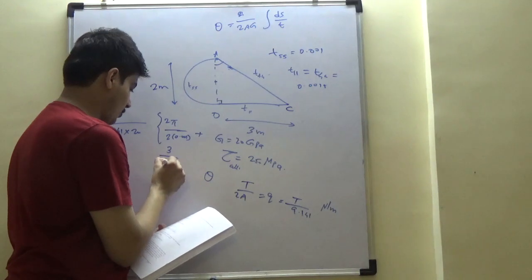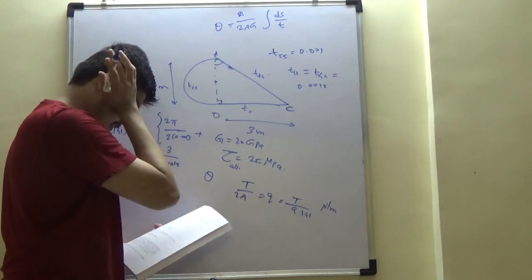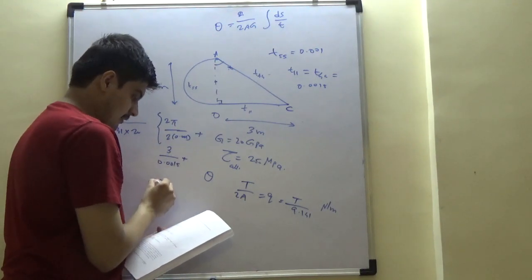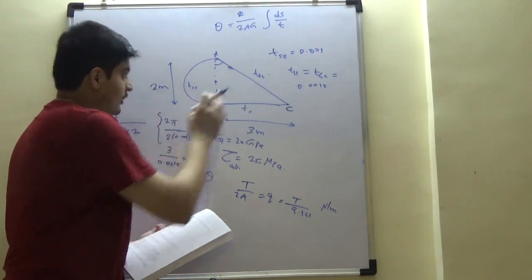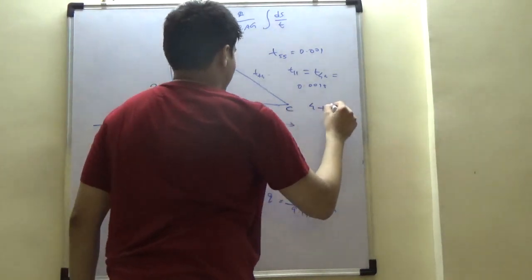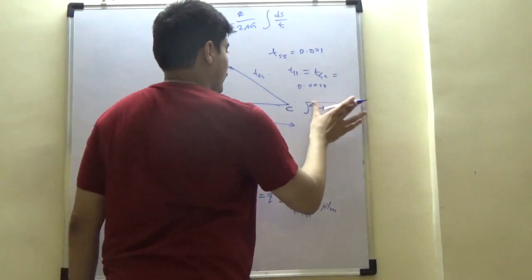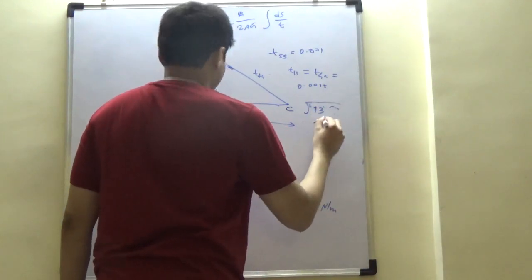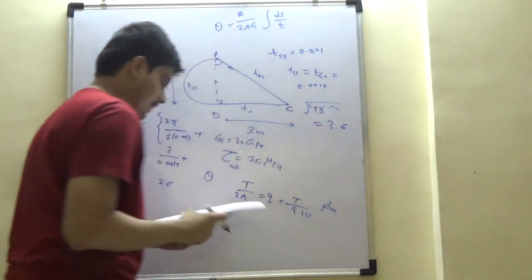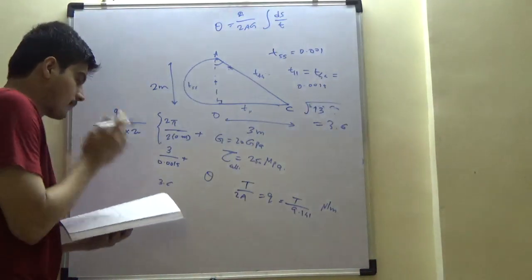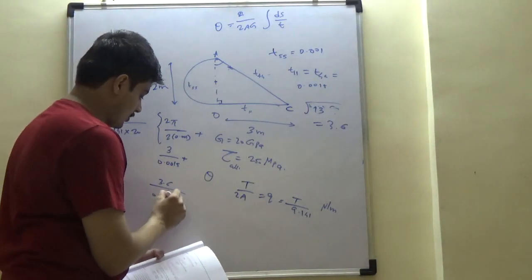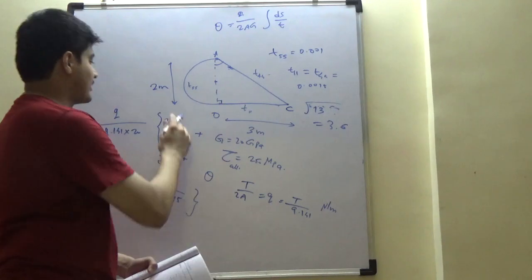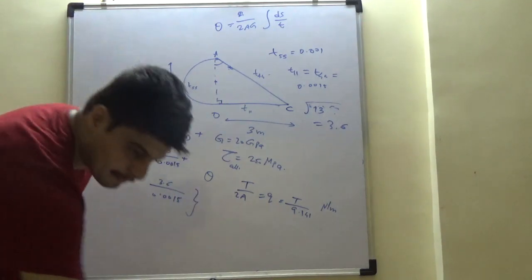T11 is nothing but 0.0015, plus 3.6, this is the diagonal, 4 plus 9, square root of 13, and this number is approximately 3.6, upon 0.0015. This is the integral of ds upon t.